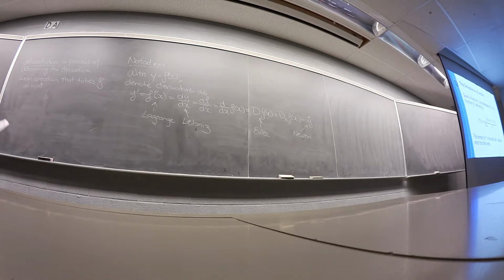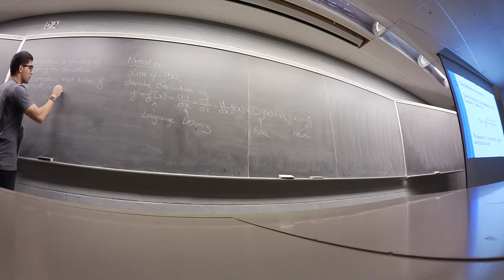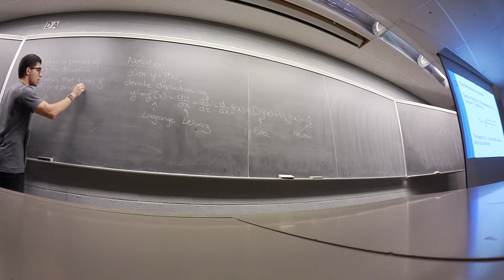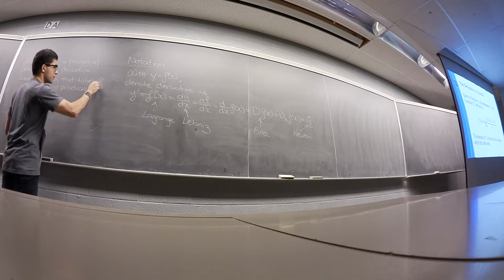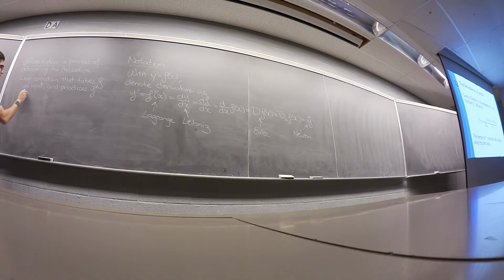Now we're talking about taking a function as input, and produces another function, called the derivative, as output. So it's a special kind of machine. And where do we represent this?